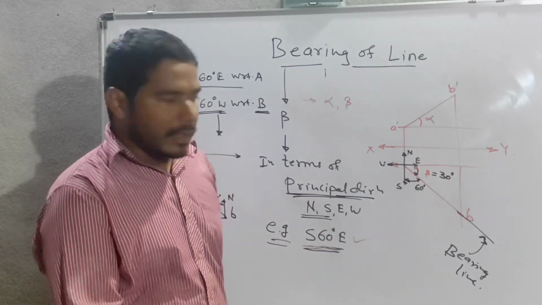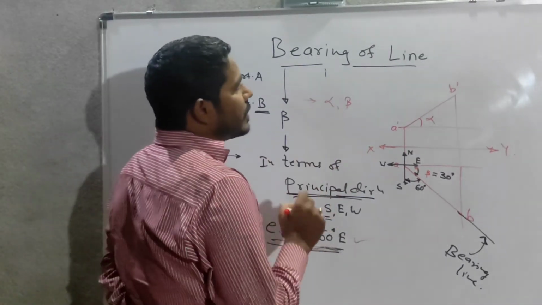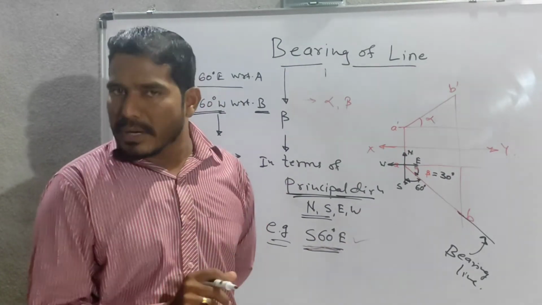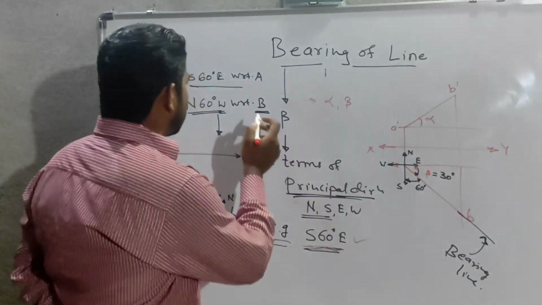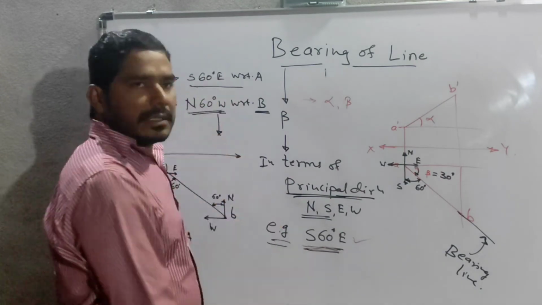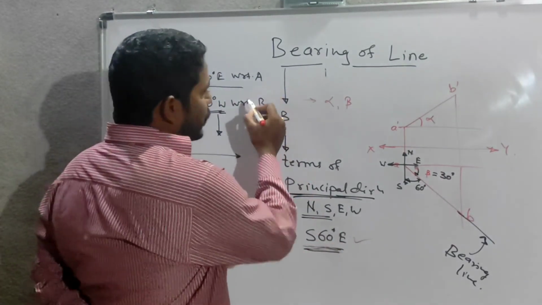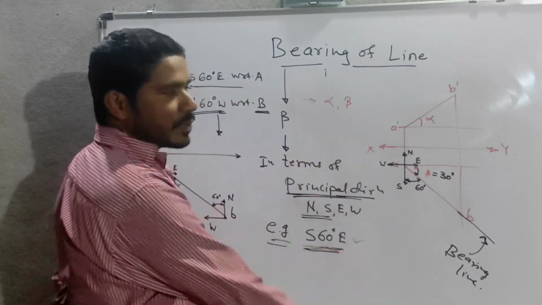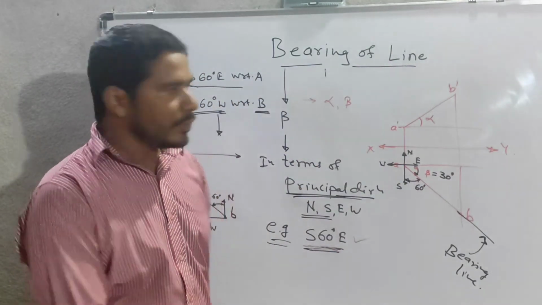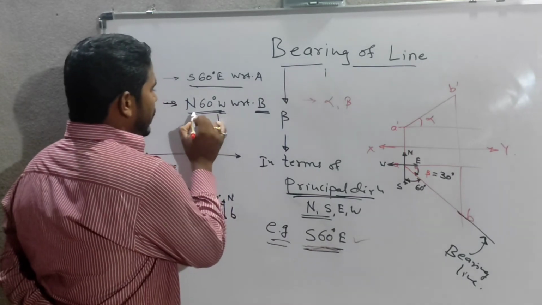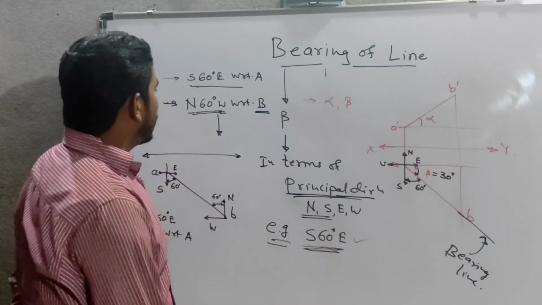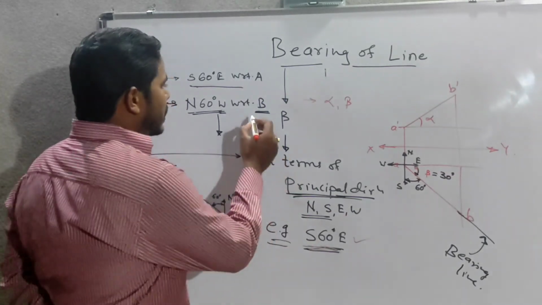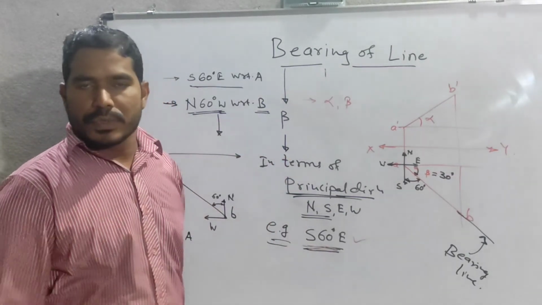And one more thing, if they have given the bearing, they always give it with respect to one reference point. Here, I have given the example, south 60 degree east, with respect to the point A. Whatever this bearing is, it is given with respect to the point A. One more example I have taken here: north 60 degree west, that is with respect to B. So here position matters.